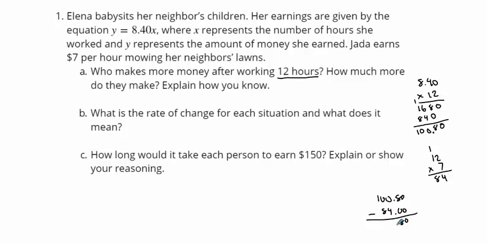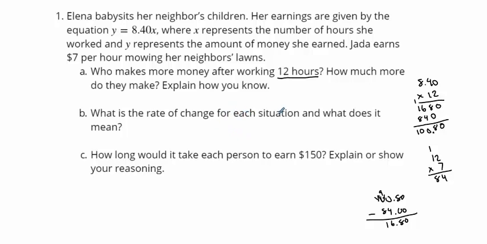So it's 80. 10 minus 4 is 6. 9 minus 8. So $16.80 more is what Elena makes, because that's the difference.